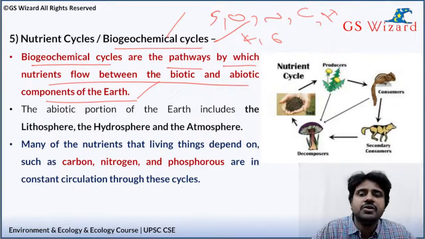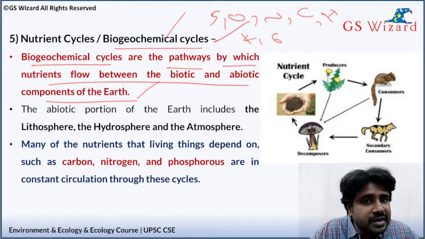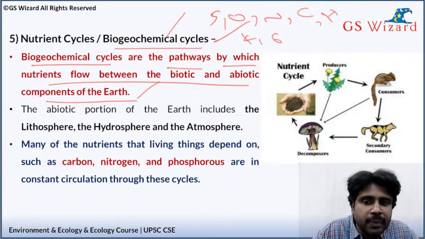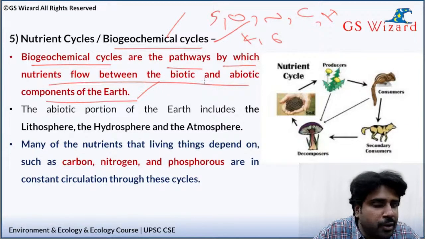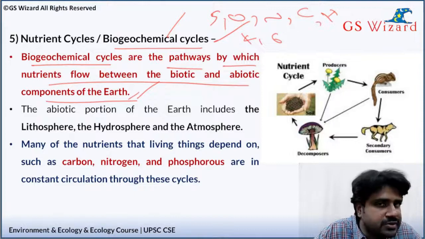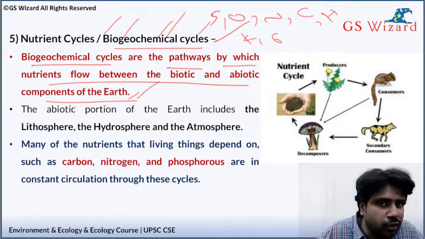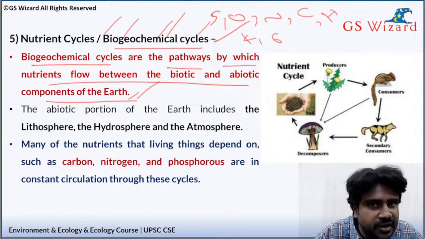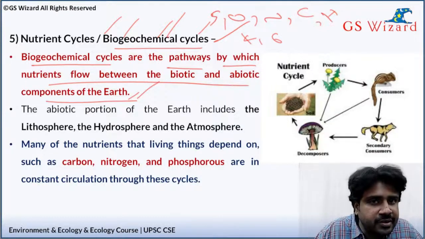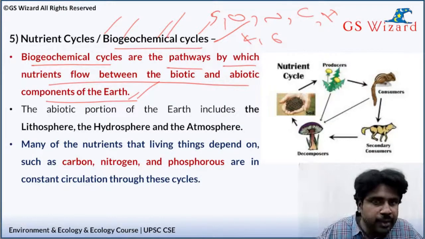So, biogeochemical cycles are the recycling cycles by which nutrients flow between biotic and abiotic components of the earth. Let us break down this word. Biogeochemical cycles. Bio means living organisms, geo means earth. That means there is a cycle going on between living organisms and the earth. Now we are all made up of nutrients.